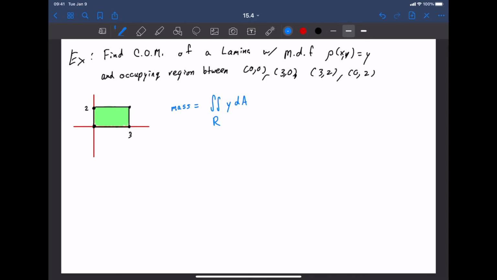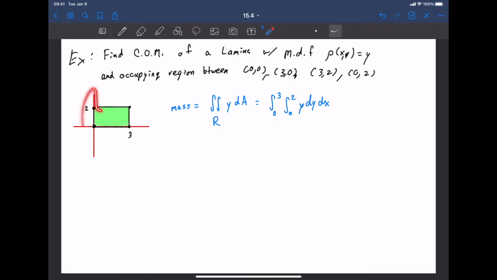You should have enough technology at this point to find this integral. So please pause the video and evaluate this integral. 3, 2, 1. I'm going to go 0 to 3, 0 to 2, y. You should be able to tell which one I did first: dy, dx. Because these are the y bounds.